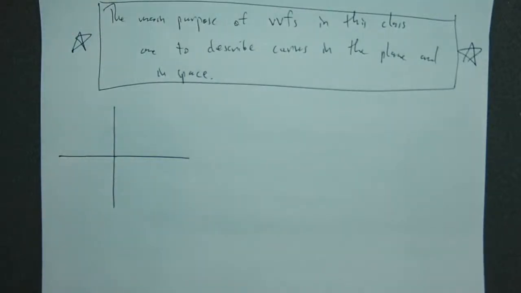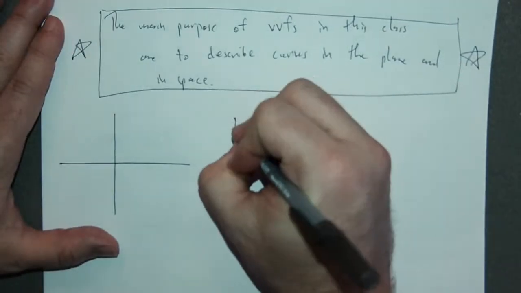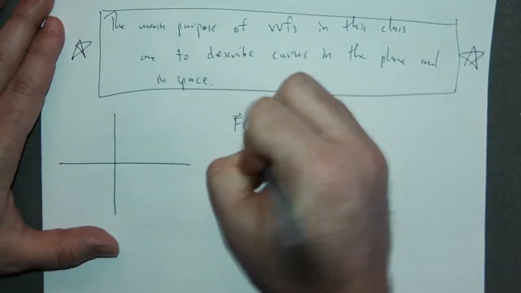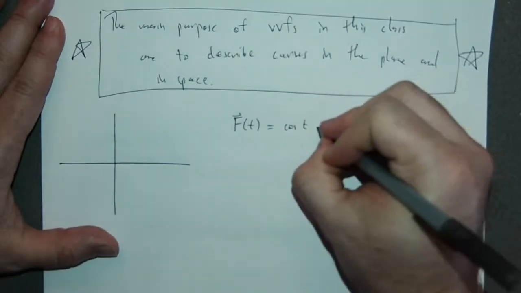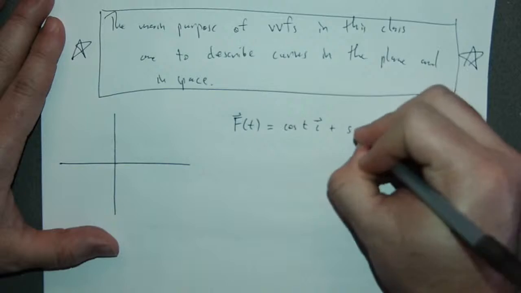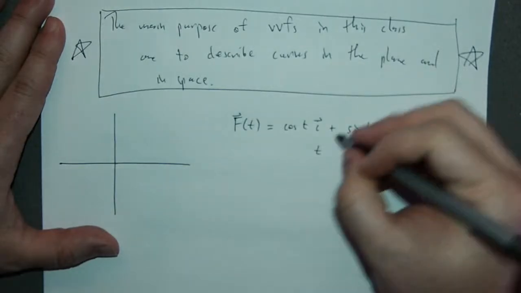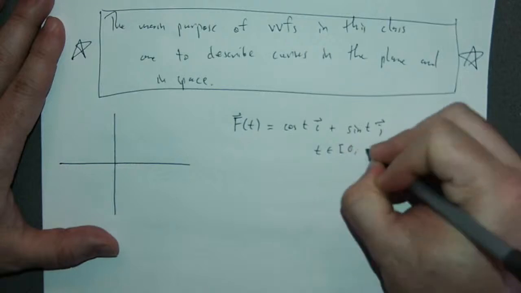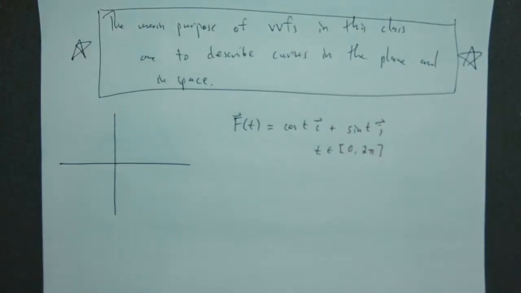Okay, so let's say that I want to consider the following vector valued function. So consider the vector valued function cosine of t i plus sine of t j, and t lives in the interval 0 to 2 pi. Okay. What is this? Let's write this another way.